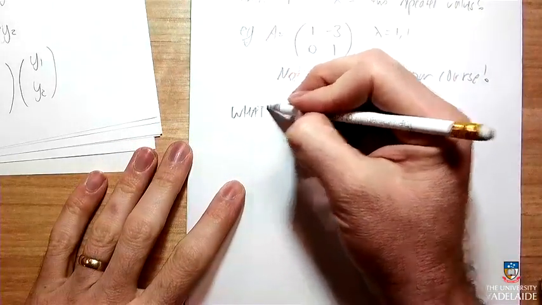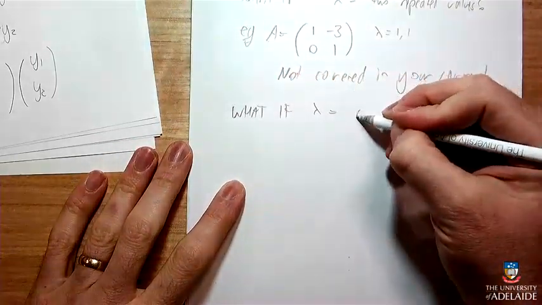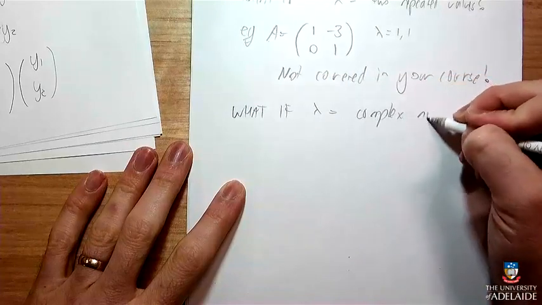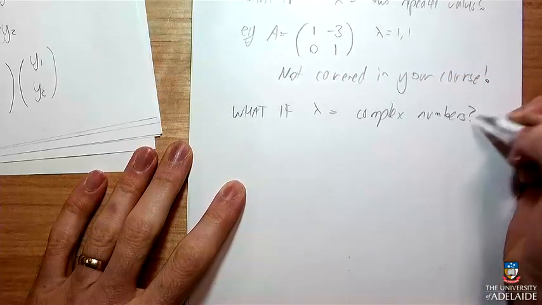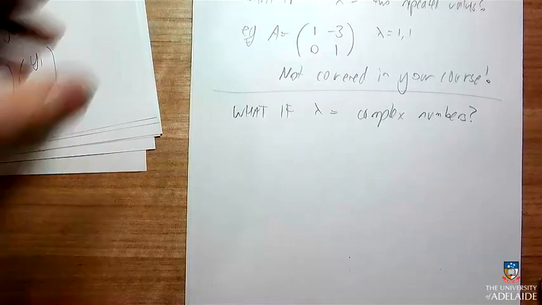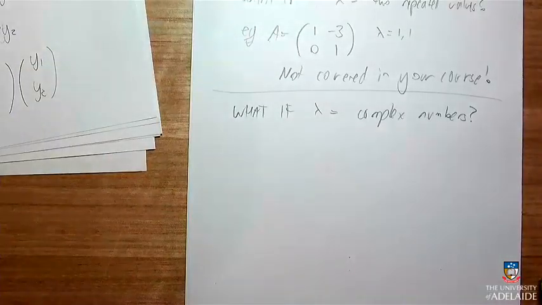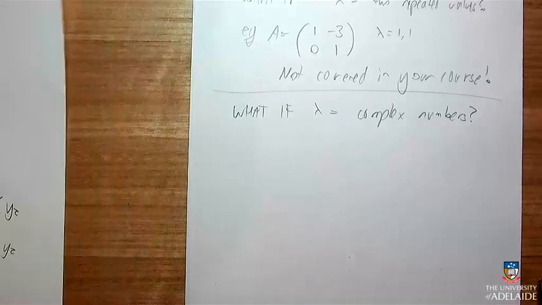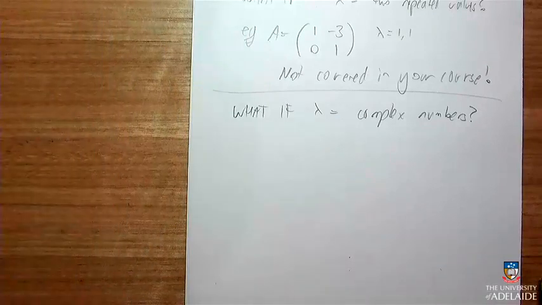But what if lambda equals complex? So if it is complex numbers, then it's still possible to figure out an eigenvector. Because we did that. You just have to be extra sure that you're allowed to make that 0, 0.